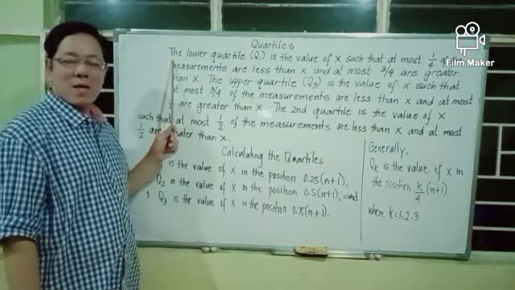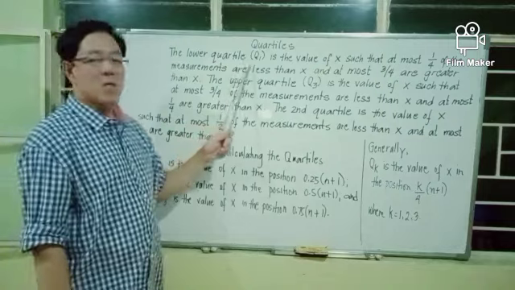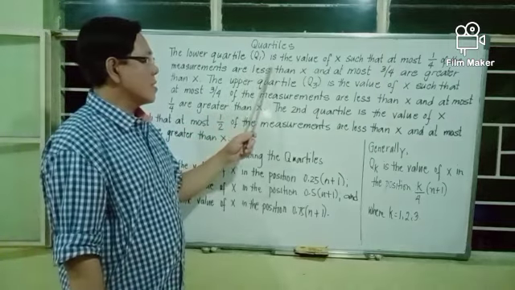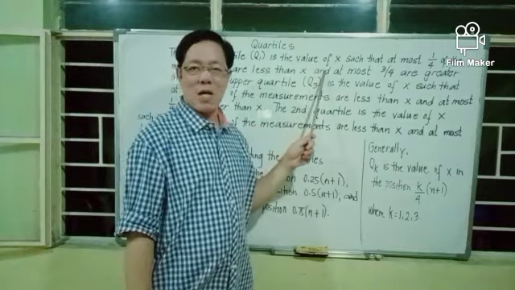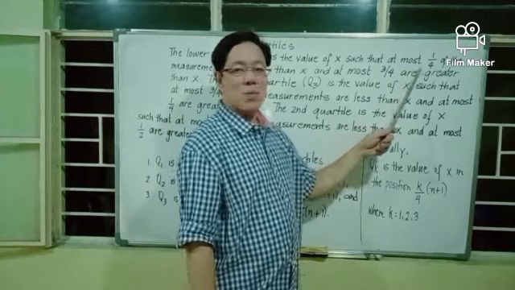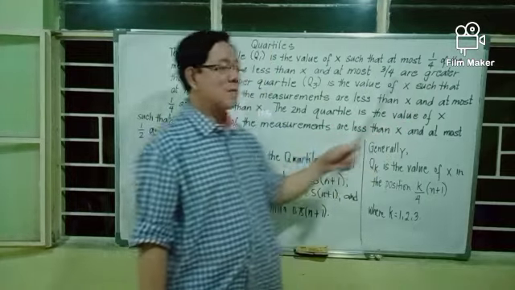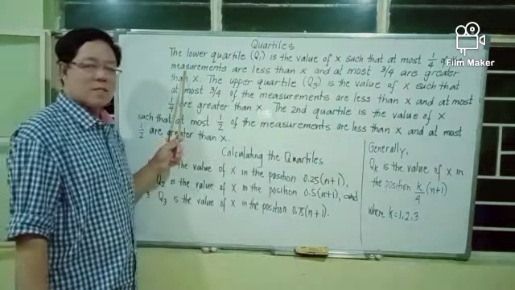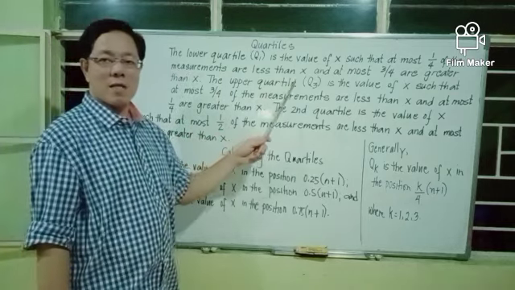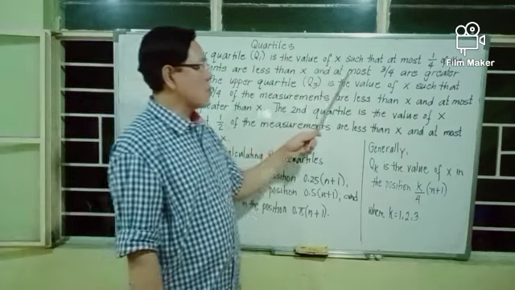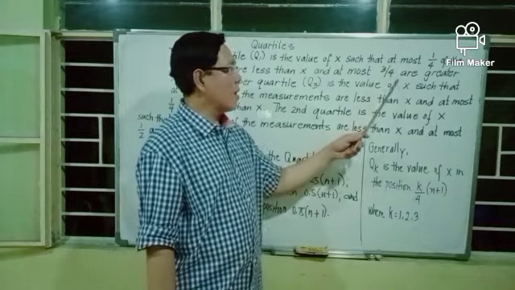The lower quartile, denoted by Q sub 1, or the first quartile, is the value of x such that at most 1/4 of the measurements are less than x, and at most 3/4 are greater than x.